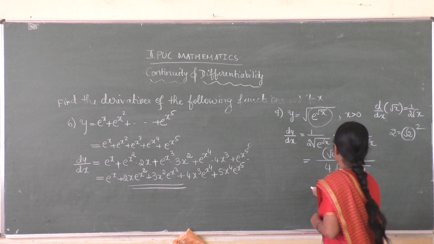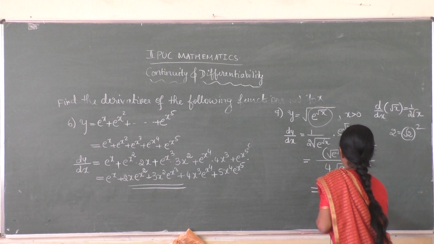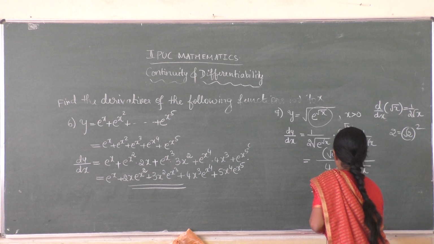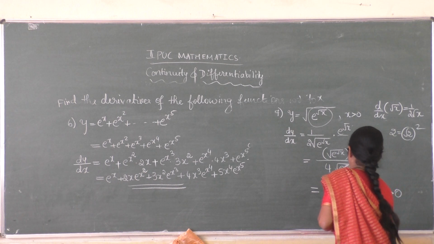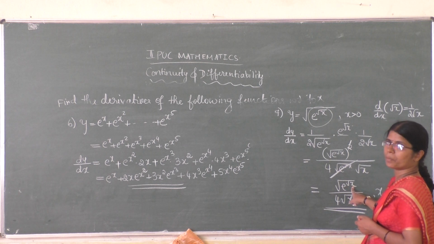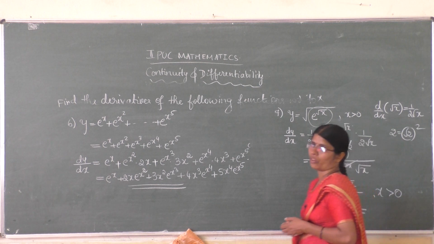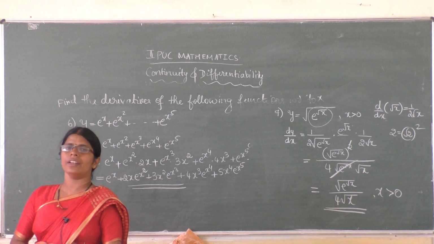This and this cancels. So here root e to the power root x by 4 root x, x greater than 0. Or here directly you can write this as e to the power root x by root x, square root of e to the power root x by x, like that also you can write.